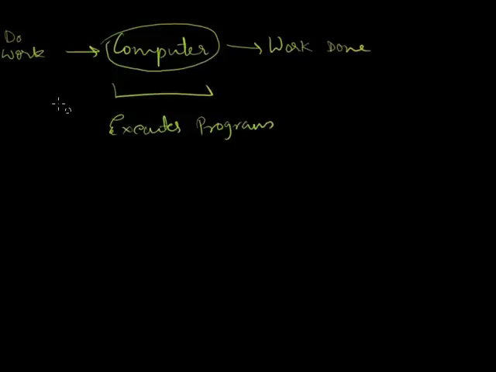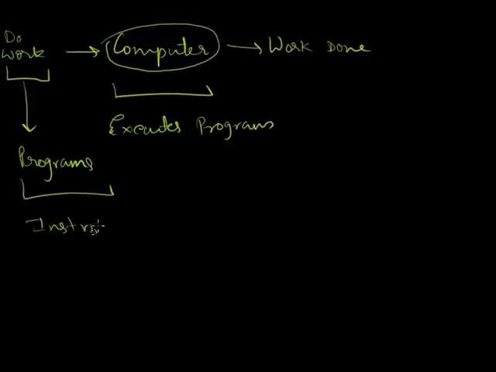But what do you do when you say do work? When you say do work to the computer, you provide it nothing but programs. And these programs are nothing but instructions. Instructions you tell the computer to follow to solve any problem, and it gives you the output.